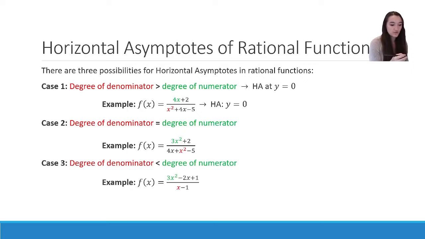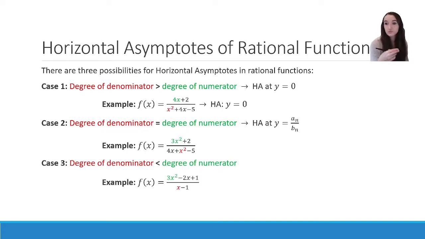Now, if the degree of the denominator equals the degree of the numerator, so here I have numerator 3x squared, denominator x squared, and remember, degree comes from not the first term, but the term with the highest power. So the term with the highest power is x squared for both of them, so they're equal.